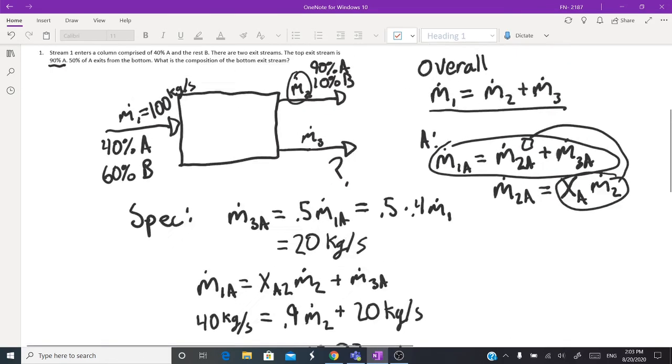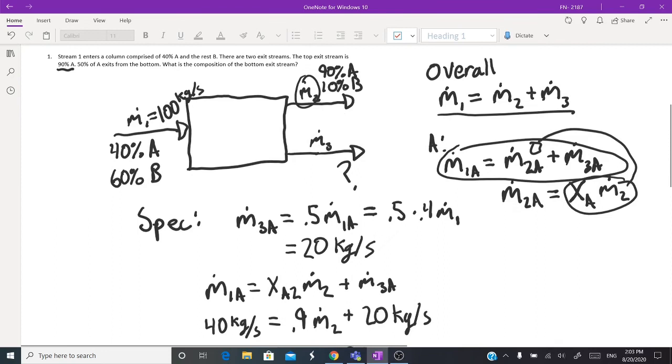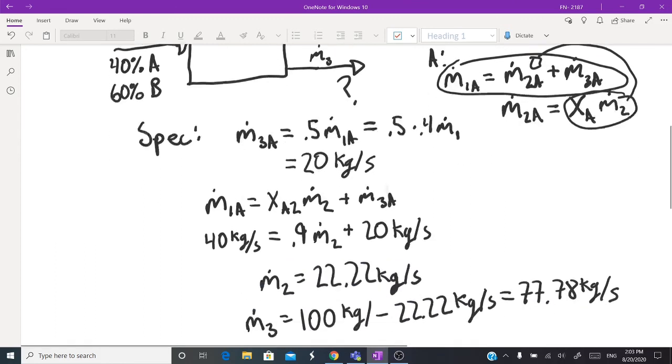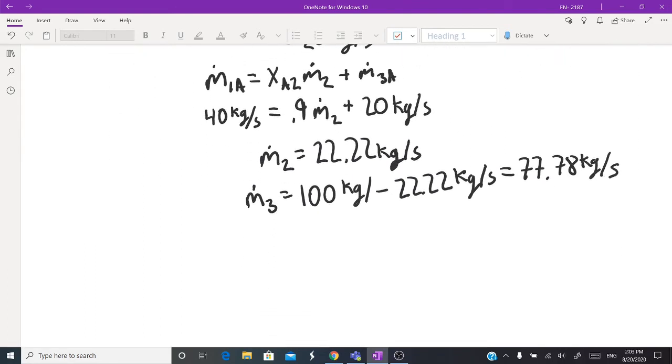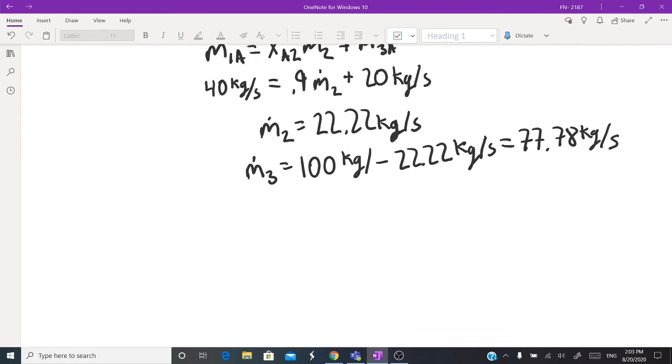Now the problem statement isn't asking for the amount. It doesn't even give us an amount, so it wouldn't make sense. It's asking for a composition at the bottom. So you have to keep that in mind when you're doing this stuff.